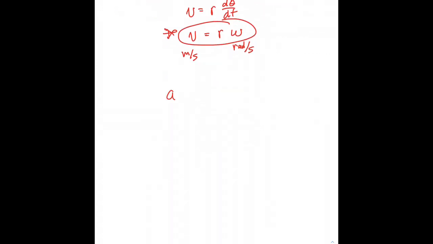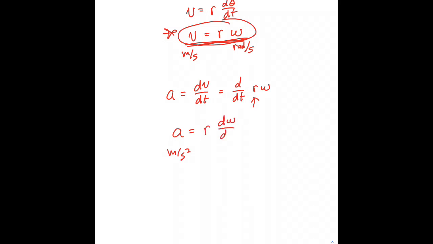Likewise, we define acceleration as dv/dt, but we've just found that v is r times omega, and r is a constant, so the acceleration in meters per second squared for something that moves along a circular path should be equal to the radius times d omega/dt, but we recognize d omega/dt, that's alpha.